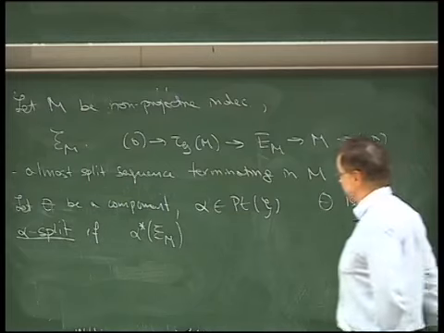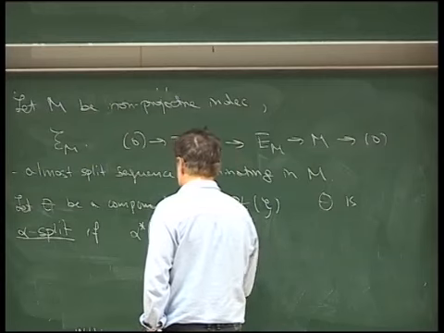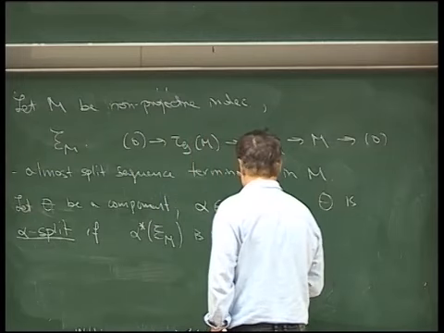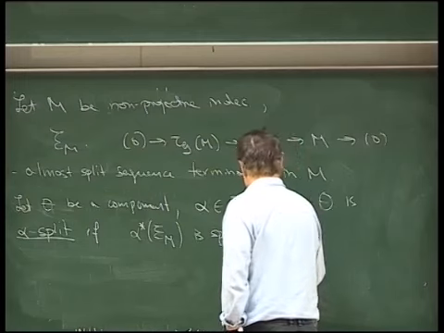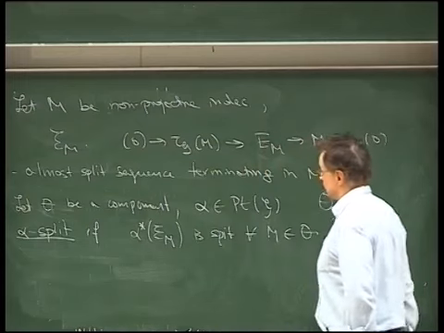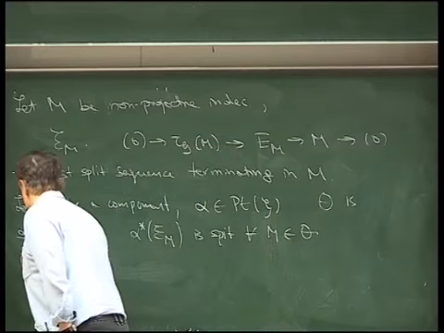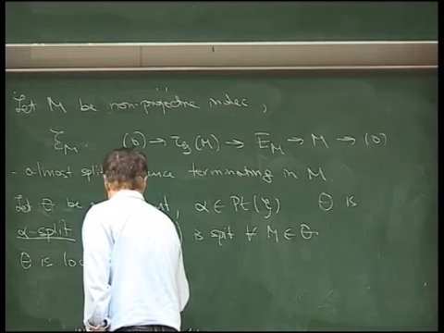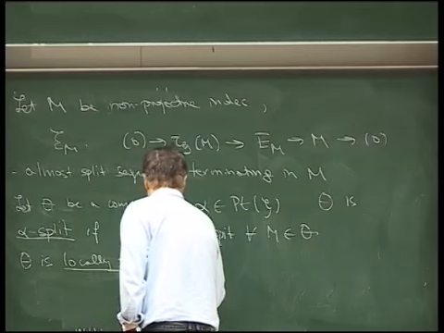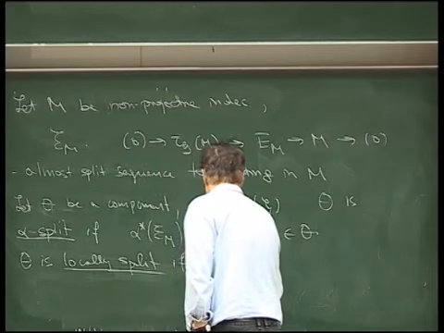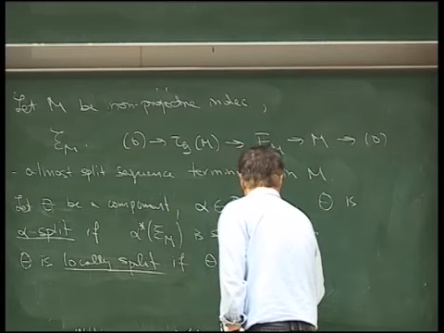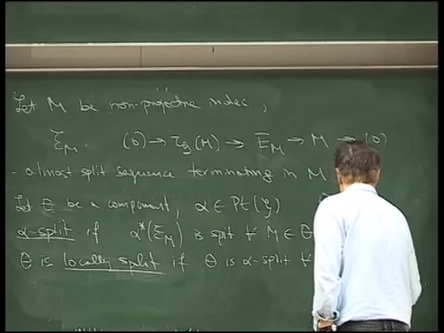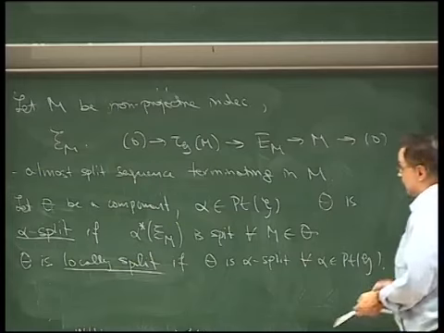This one here is non-split, but I may get something split. If this is split for all M in theta, and theta is called locally split if theta is alpha-split for all p-points alpha that you have.